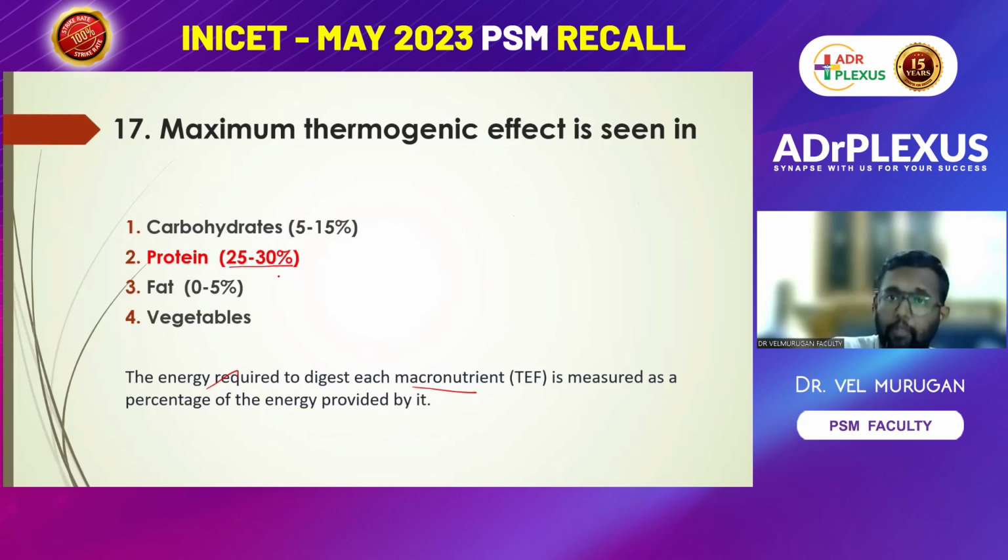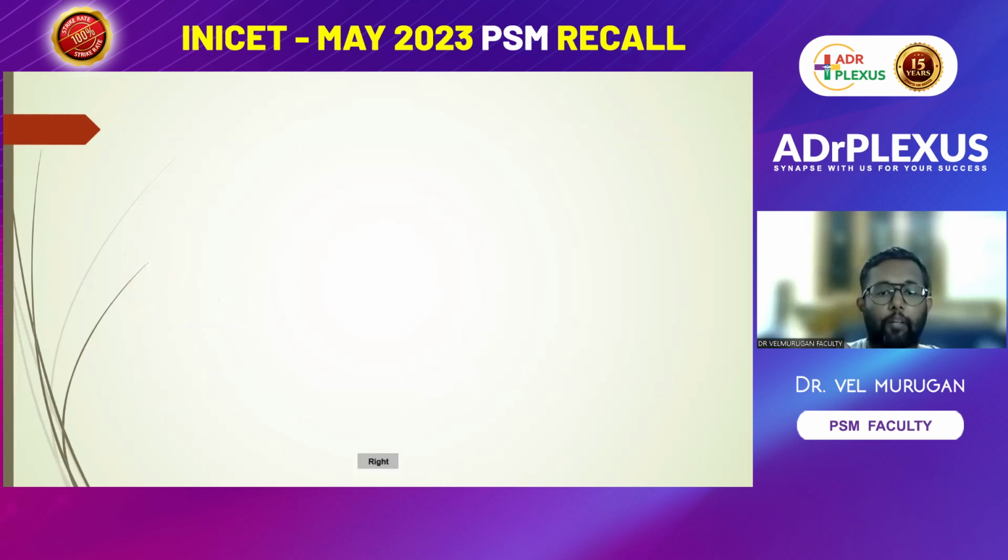For carbohydrate, we need 5 to 15%. For fats, around 0 to 5%. So the maximum thermogenic effect is seen in protein, 25 to 30%.